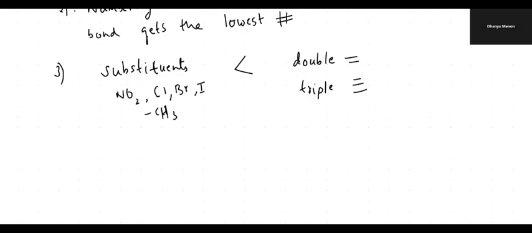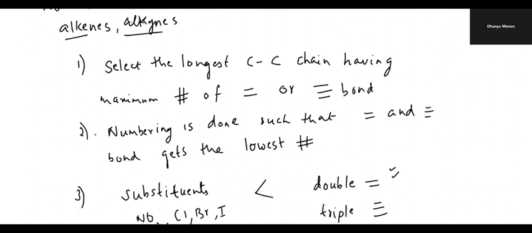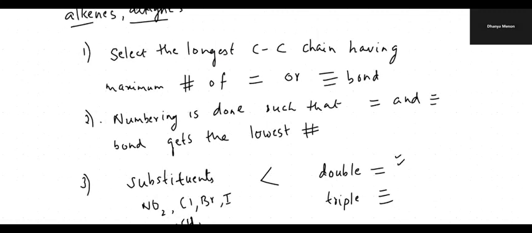So double and triple bonds are given the lowest number compared to substituents. Okay. So these are the three main rules, and there are some rules also coming. So as we practice, we will be discussing that. Okay. So please remember these three rules for now.